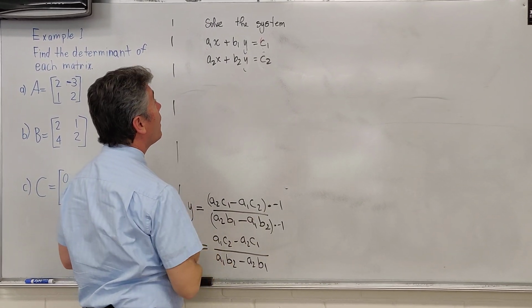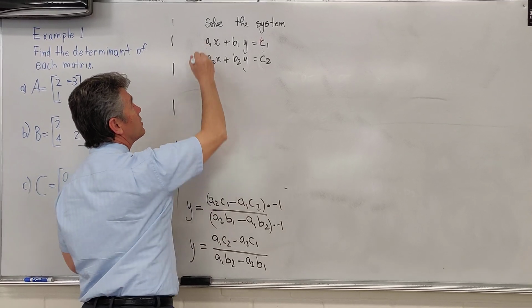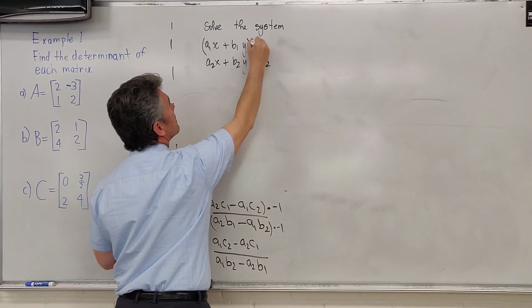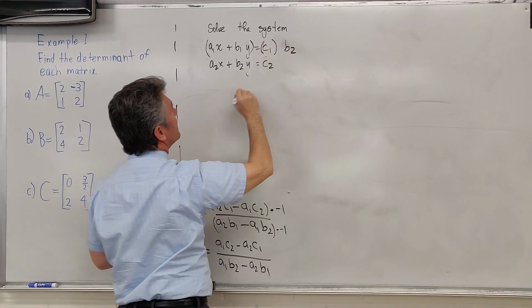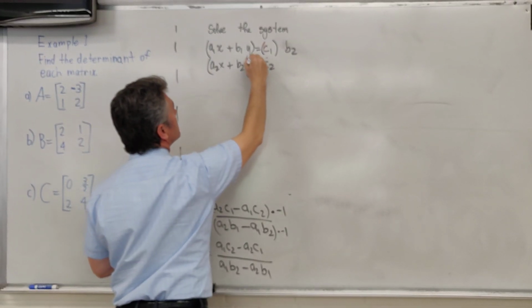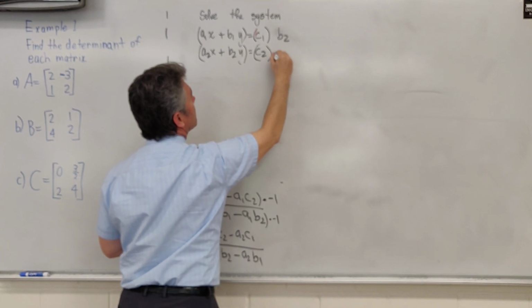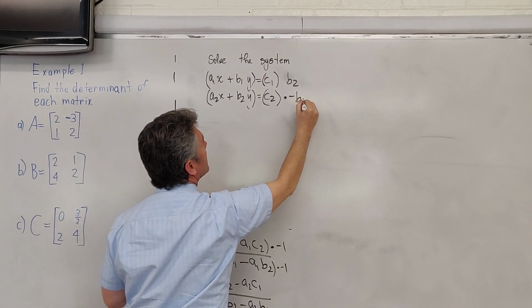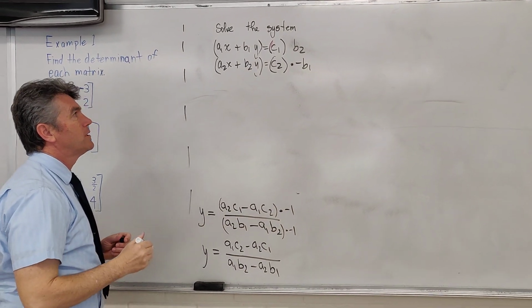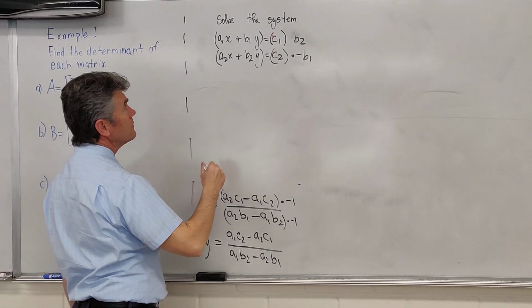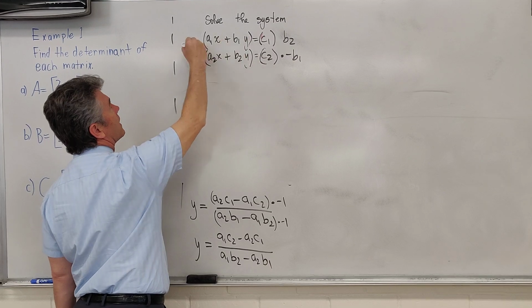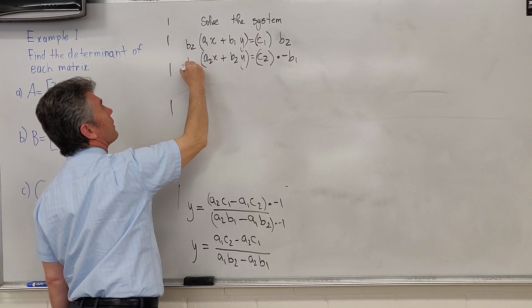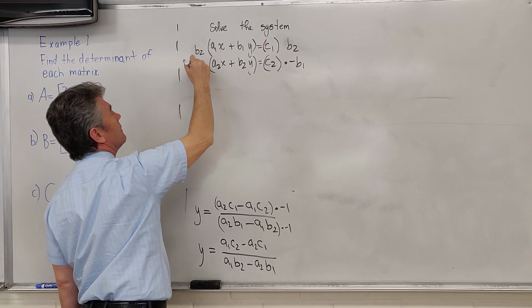To eliminate the y's, I'm going to take the first equation, the top equation, and multiply by b sub 2, and take the bottom equation and multiply by negative b sub 1. On both sides, of course.